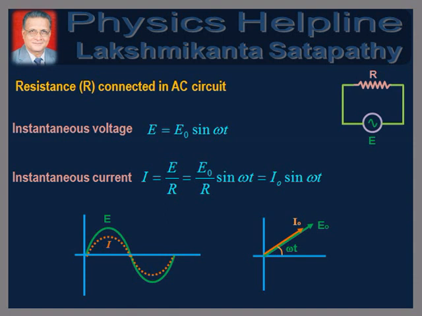The sinusoidal variations of voltage and current are shown in the first figure. The second figure is a phasor diagram in which current and voltage amplitudes are represented as rotating vectors. In case of pure resistance, both the vectors are pointing in the same direction.